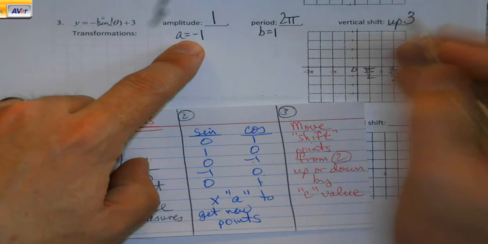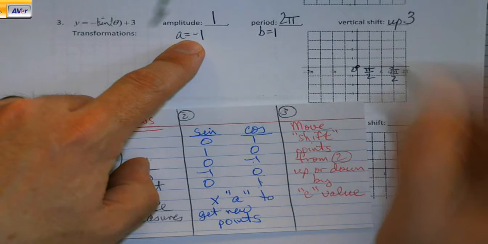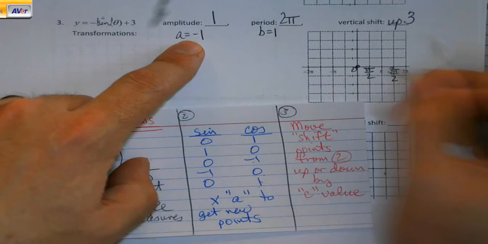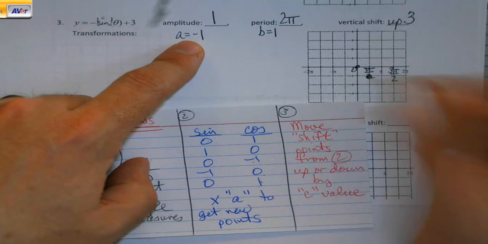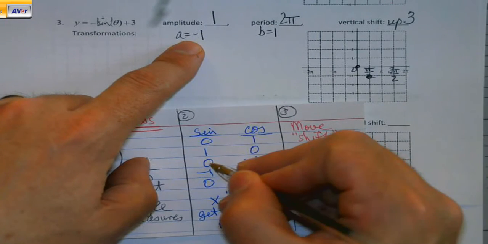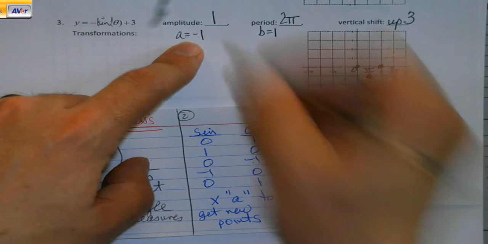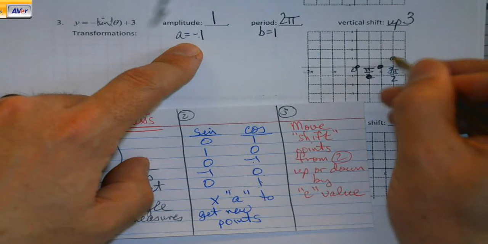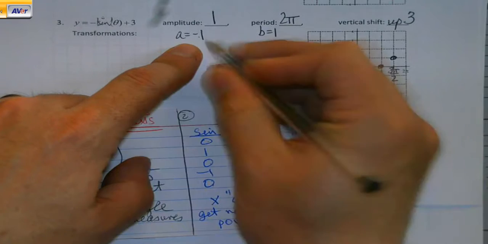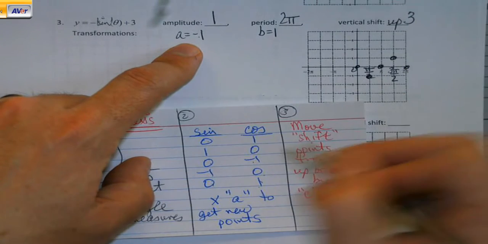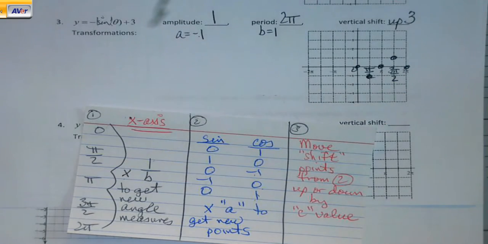So 0 times negative 1 would be 0. 1 times negative 1 would be negative 1, so it's going to open down. 0 times negative 1 is 0. Negative times negative is positive 1. And 0 times negative 1 is 0. But again, that's not taking into consideration my vertical shift yet, so don't connect the dots.